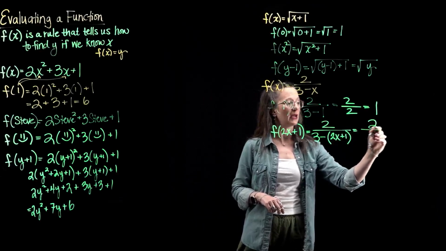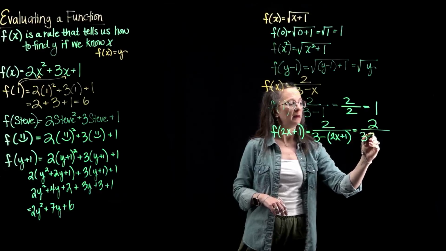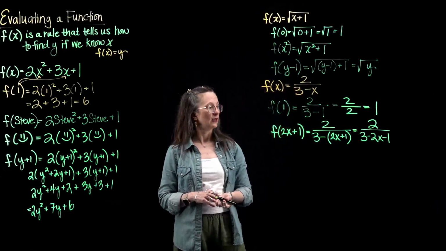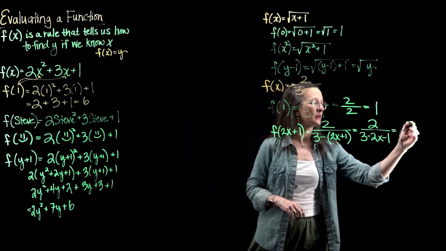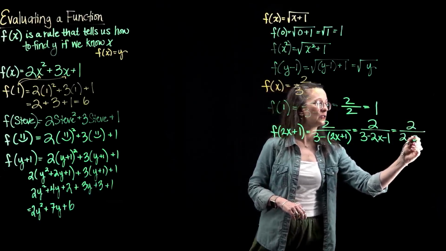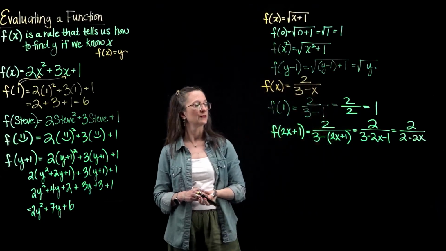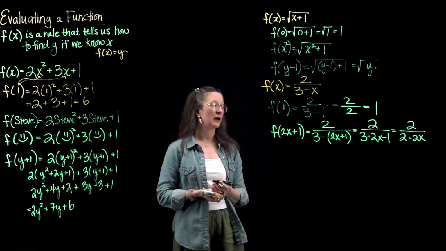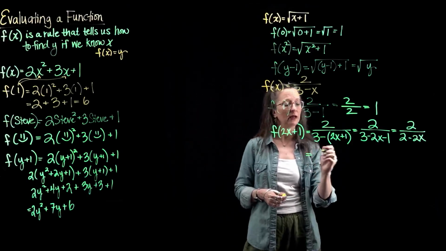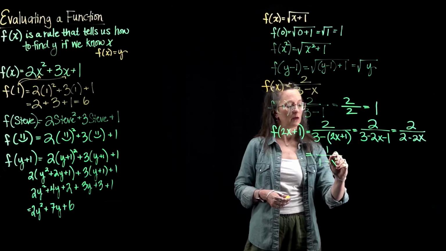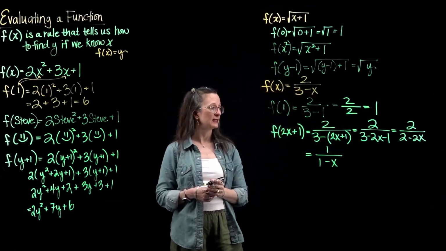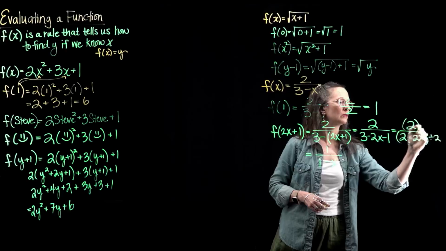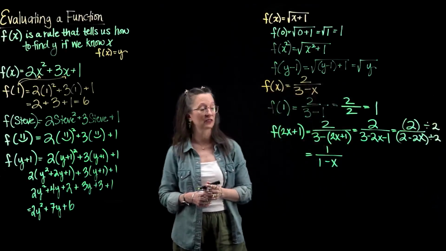All right, I'm going to rewrite this as 2 over 3 minus 2x minus 1. Collecting like terms, this would be 2 over 2 minus 2x. And you might notice, goodness, I can divide the top and the bottom by 2. So I'm going to go ahead and do that. This would be 1 over 1 minus x. Just notice I divided everything by 2 on the top and the bottom to cancel that out.